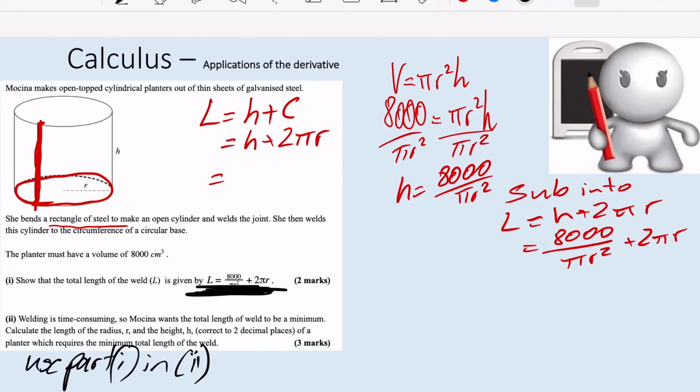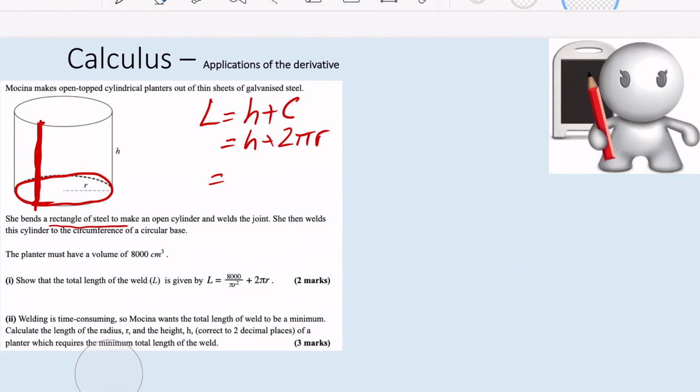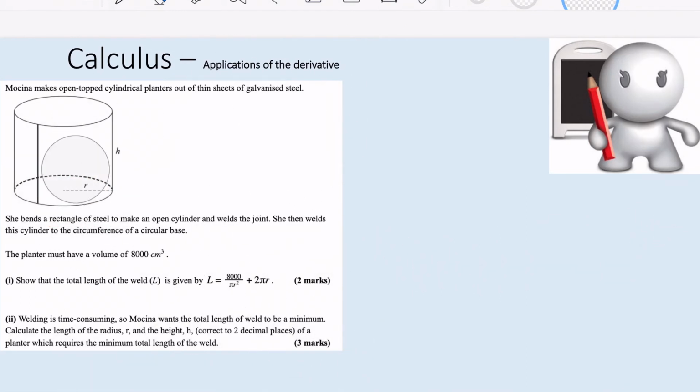So it's going to allow you entry points at each part, okay? So let us now start part 2. And what I might do is I might wipe all of my working out, because part 2 is actually quite significant in terms of the working out.